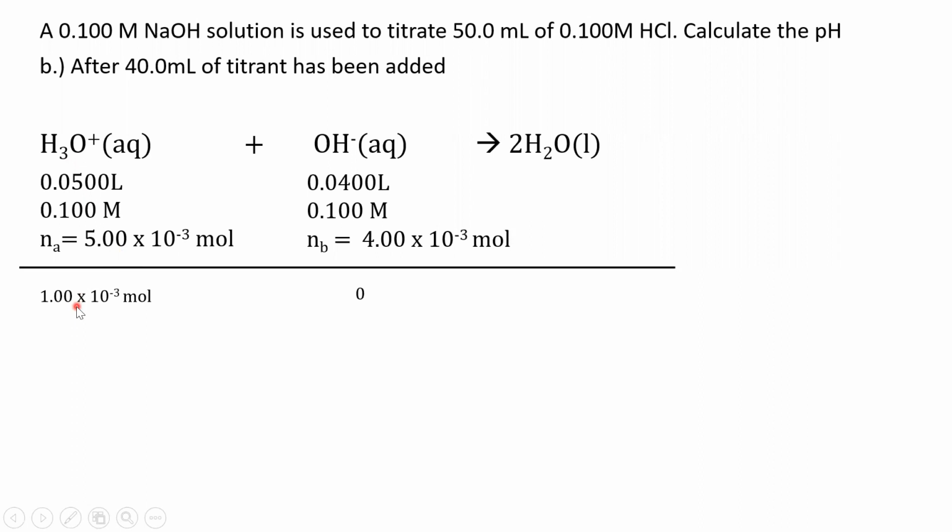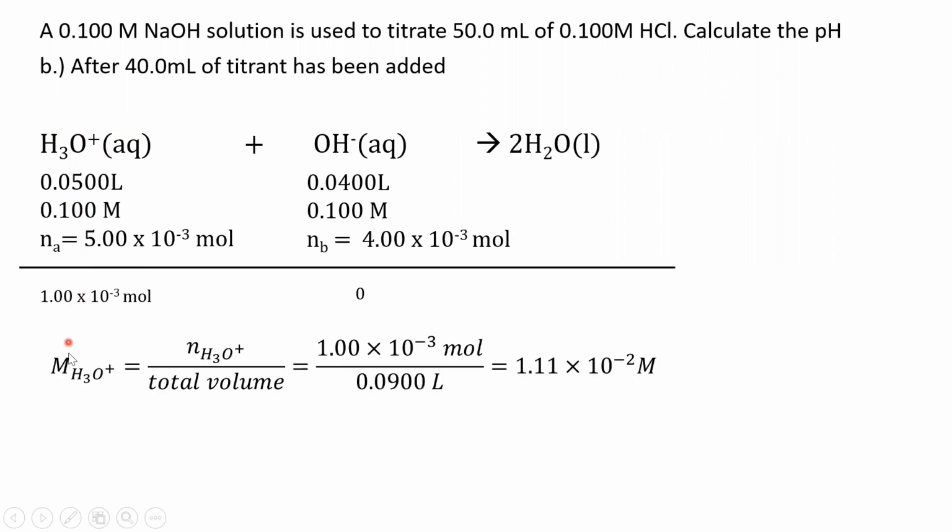Well, what we need to do then is calculate the pH of this new solution. We can calculate the concentration, the molarity of the hydronium ion, and then we can calculate the pH of the solution. Now, how do we calculate the molarity? Well, it's moles over liters. Here's the number of moles of hydronium that didn't react because the hydroxide ran out.